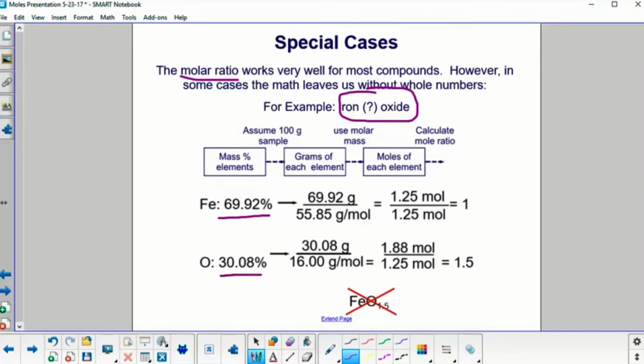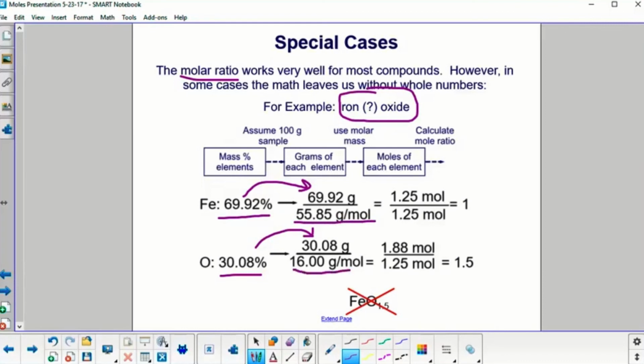First thing we do is we convert that to moles using the molar mass. We have the 69.92, we say that's 69.92 grams because we have a 100-gram sample. Oxygen, 30.08 grams. We divide each one by its molar mass. Iron, 55.85 grams per mole, right off the periodic table.